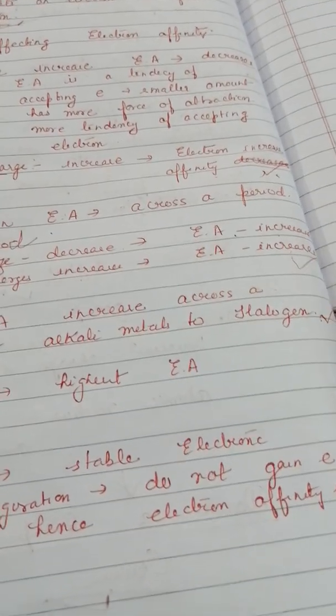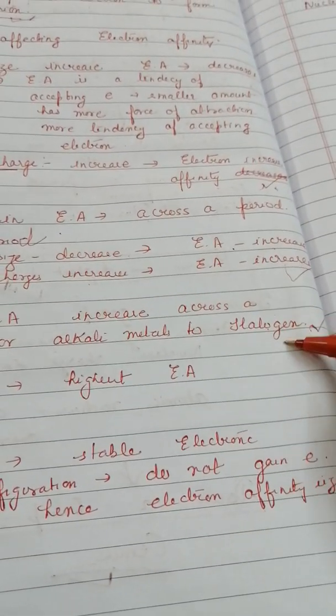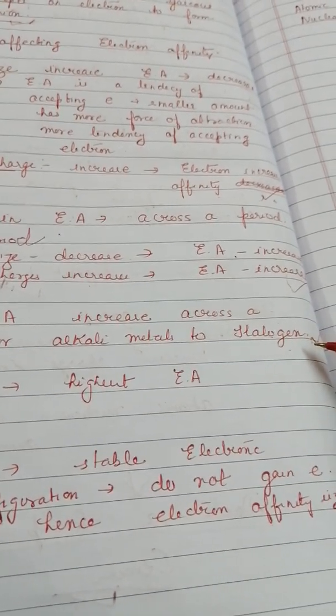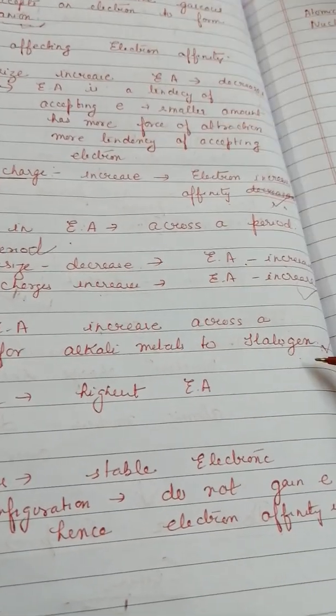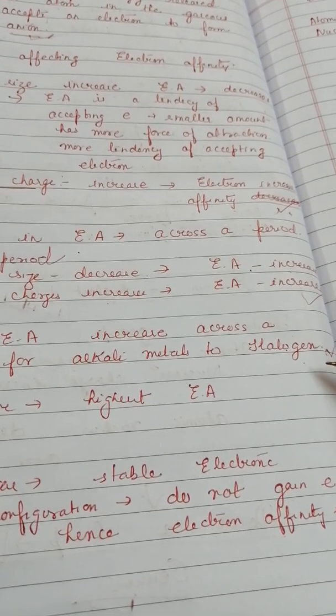The alkali metals will have the lowest electron affinity in a particular period, while the halogens will have the highest. Like in period number 2, lithium will have the lowest electron affinity, while fluorine will have the highest electron affinity.